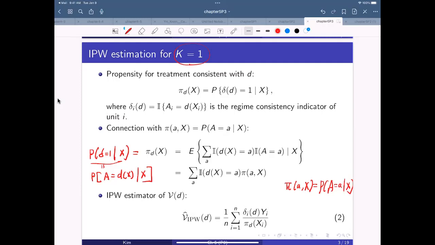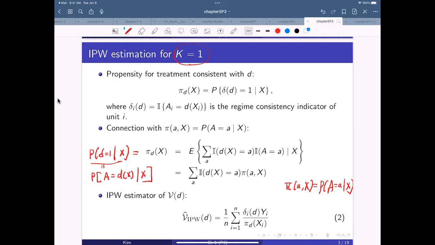replace small a by D(X), right? Because this is a conditional expectation of the random variable A given X. So the randomness is about the capital A, and this is just a constant, either 0 or 1, right?